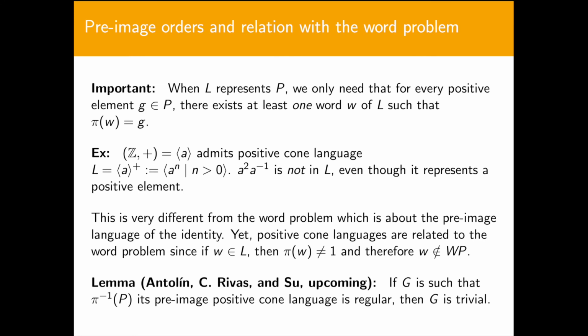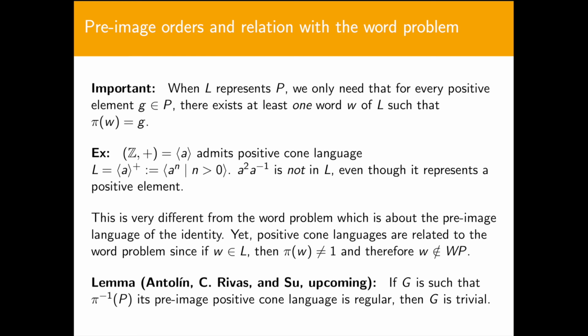So an important point to highlight is that when L represents P, we only need that for every positive element in P, there exists at least one word of L such that the evaluation of that word is equal to that element. For example, we know the automaton for Z, P_A. P_A admits a positive cone language given by A to the N, where N is positive.